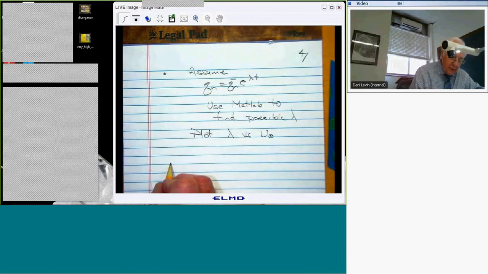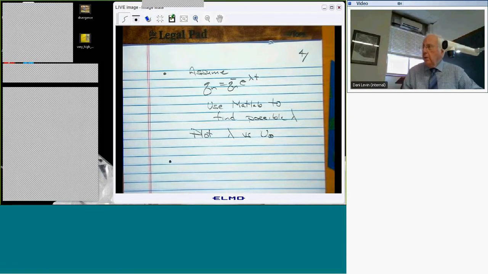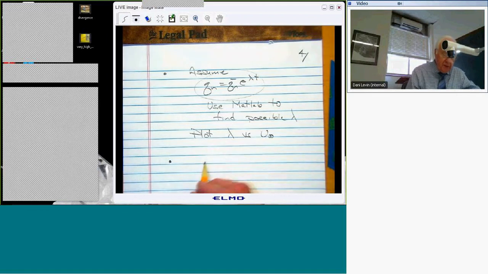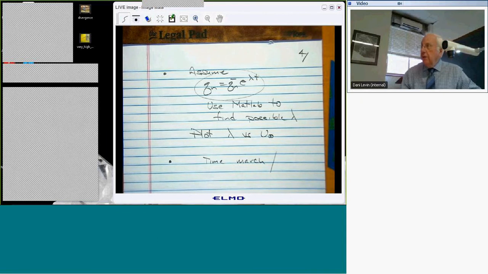There are some other possibilities. What other ways could you do it? Well, rather than doing this, you could time march. You can use MATLAB for that too. You go back to the set of original differential equations before you assume this.